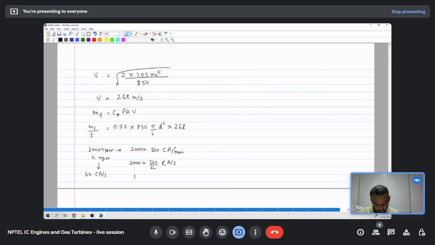So here it is 12,000 crank angles per second, and it is given that delta theta is 16-degree crank angle. So the time taken for 16 crank angle, delta t, is directly 16 by 12,000.